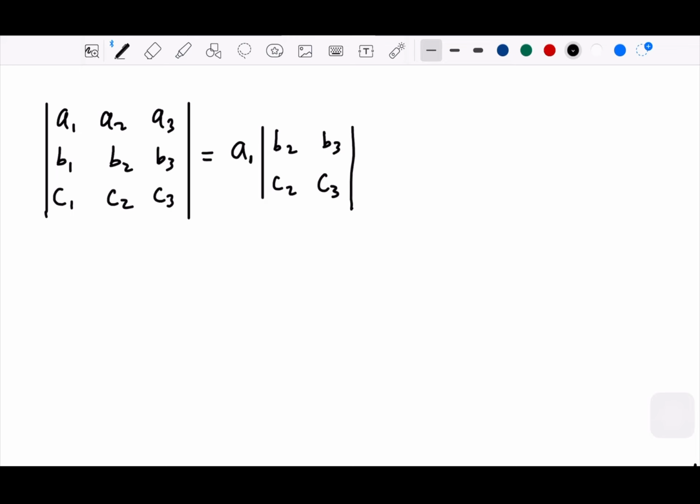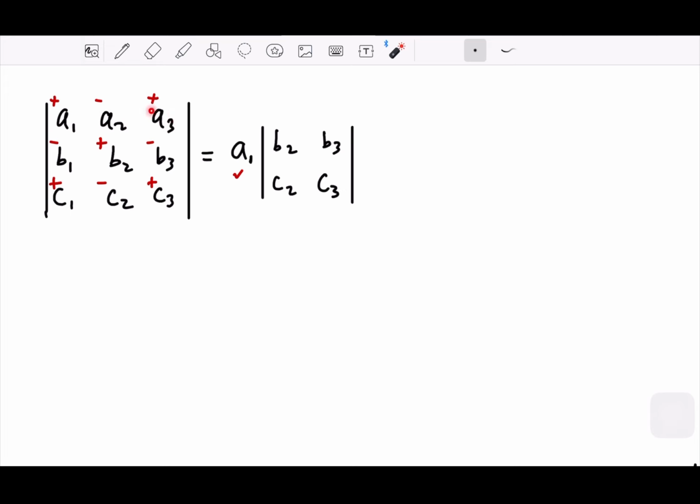Okay, and then we need to multiply with the cofactor. If you remember the matrix, what is the cofactor? It is simply, we say this is positive, negative, positive, negative, positive, negative, positive, negative, positive. So A1 positive, right? And then for the second part, we take the A2 here.